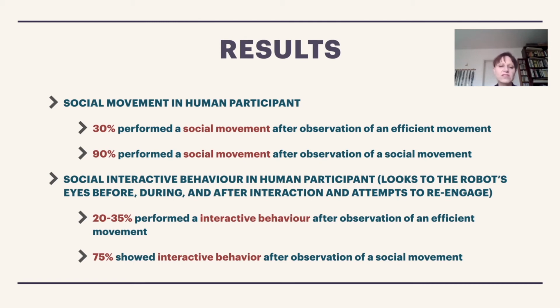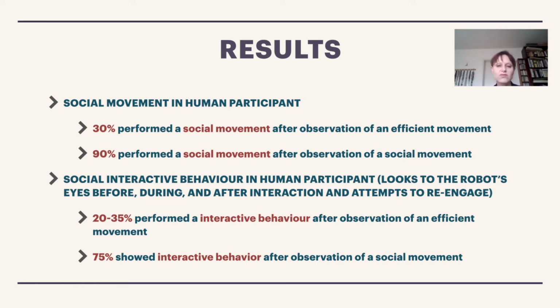But in condition C, having observed EPI perform a social movement, 90% performed a social movement in response to EPI's. So that was a very good result. We can see that the kinematic profile prompts this social behavior, the social movement. So the participant reciprocated EPI.